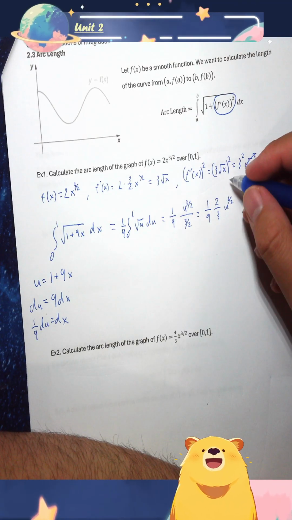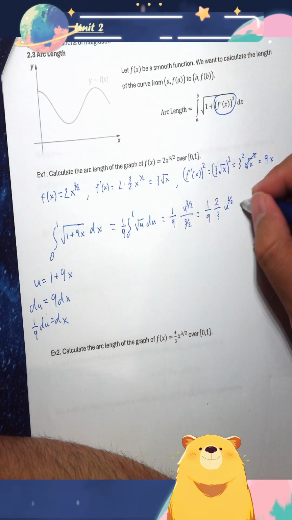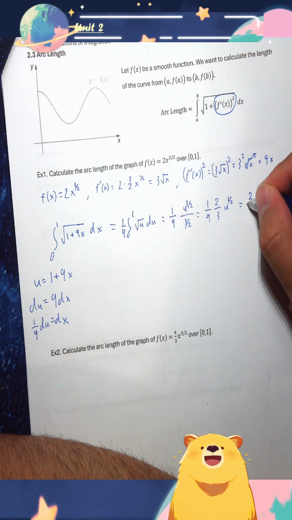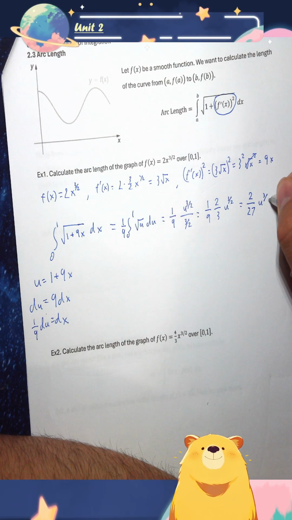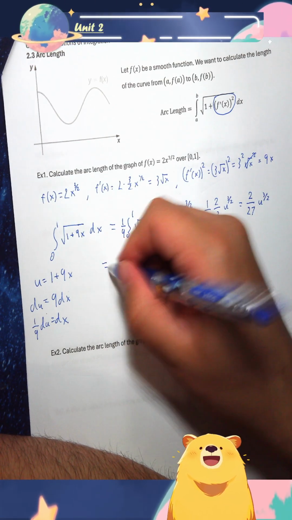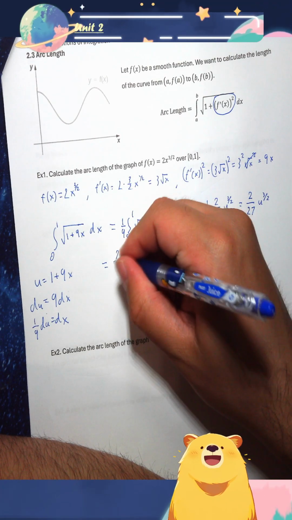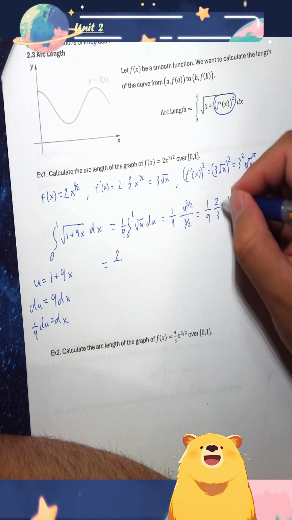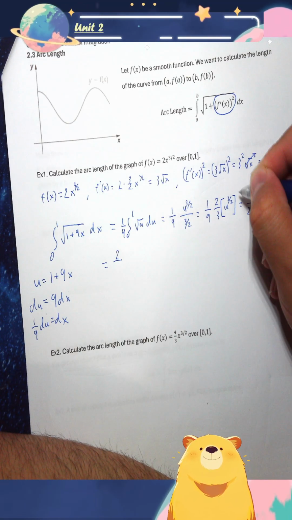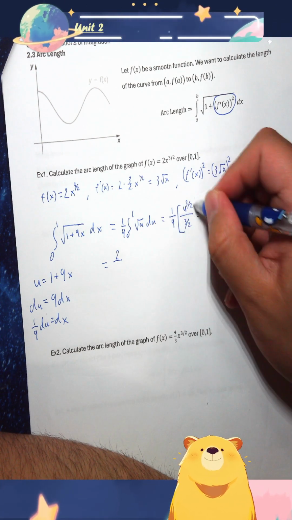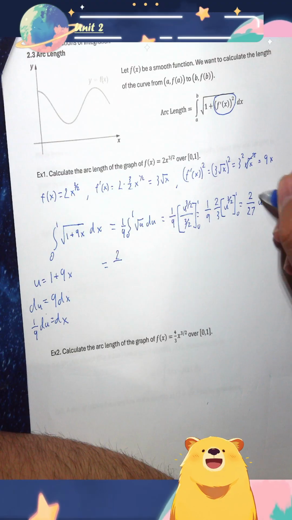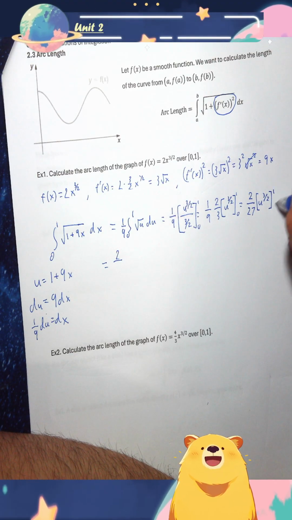From here, I think I do want to simplify. So we have 2 over 27, u to the power of 3 over 2, and then plug back in u, 9x plus 1. Oh, I forgot to do this bracket, from 0 to 1.